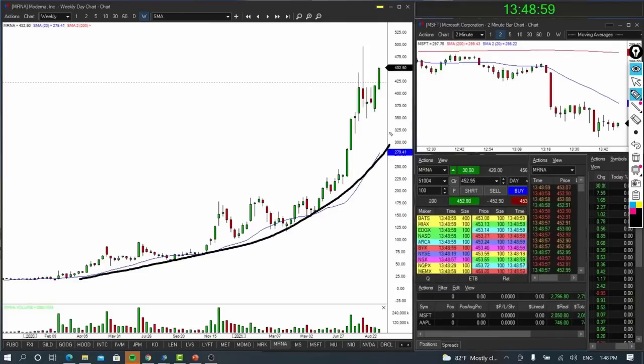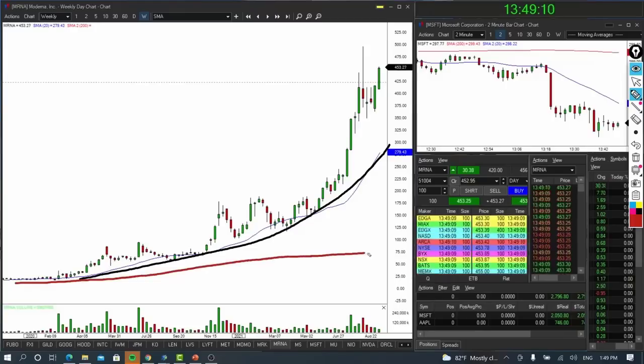My system doesn't show enough bars to give you the 200, so I'm going to have to draw that in for you. Your 200 is looking something like that. So each bar represents 1 week of trading. We've got a 20-period weekly moving average and a 200-period weekly moving average.